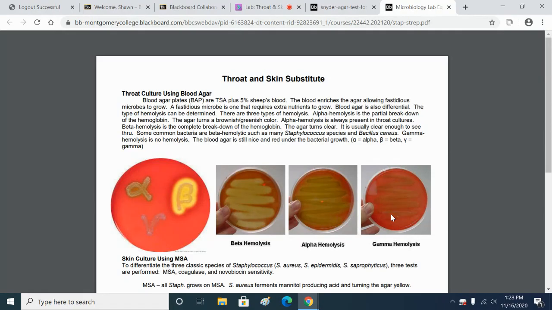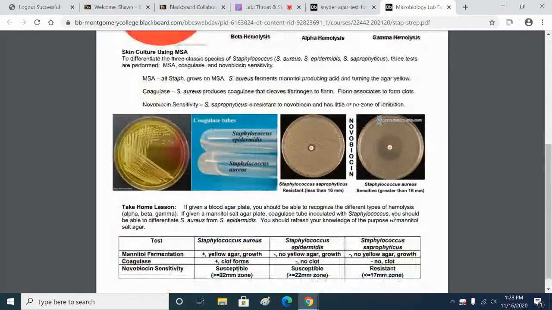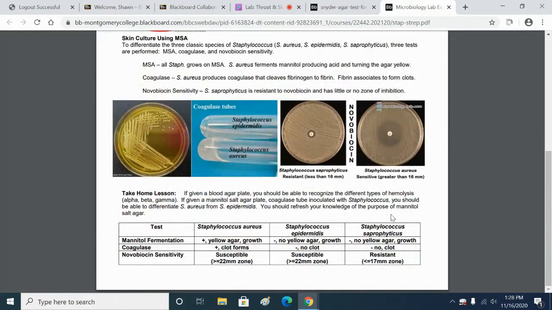Okay, the next thing that we would have done is to try to identify the type of staphylococcus you have growing on your skin. We're just using the traditional three species of Staphylococcus: aureus, epidermidis, and saprophyticus.